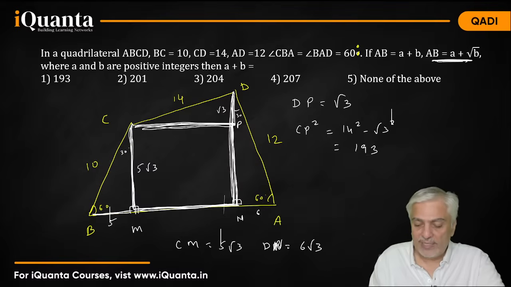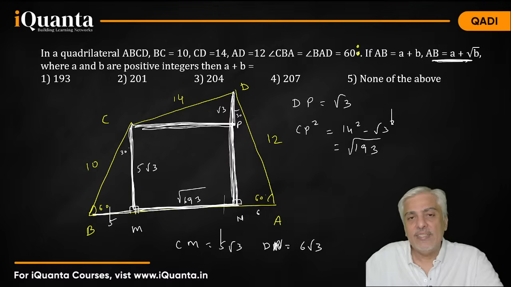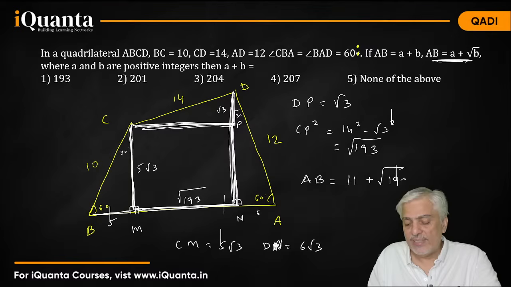So this is root of 193. I don't think 193 goes in anything. Definitely does not go in a perfect square. So therefore my AB is 5 plus 6, 11 plus root 193.